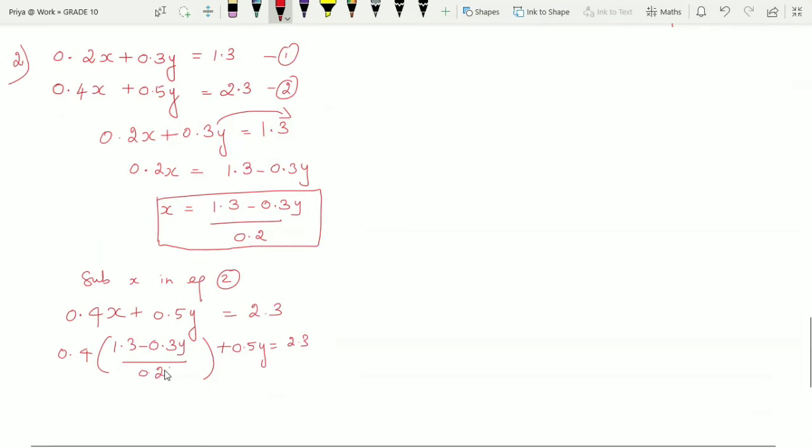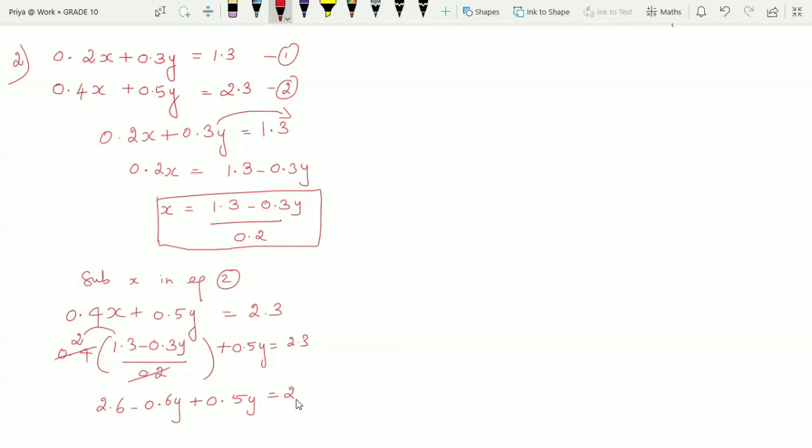This I can cancel two times, isn't it? 0.2 into 2 is 0.4. So 2 into 1.3 is 2.6 minus 0.6y plus 0.5y is equal to 2.3.